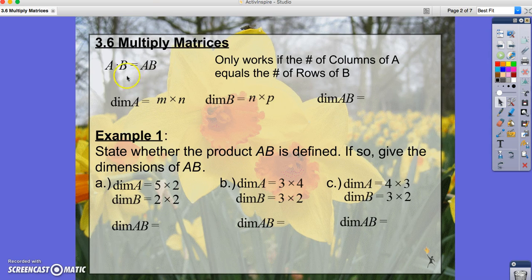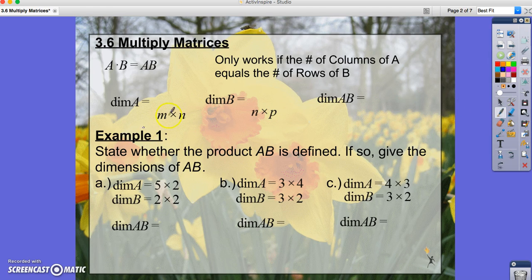So if I tell you A times B, that equals AB, but it only works if the number of columns of A equals the number of rows of B. So if you remember, and actually I might slide these down. Okay, so if you have an m by n, the dimensions for A are m by n, and for B you have an n by p.